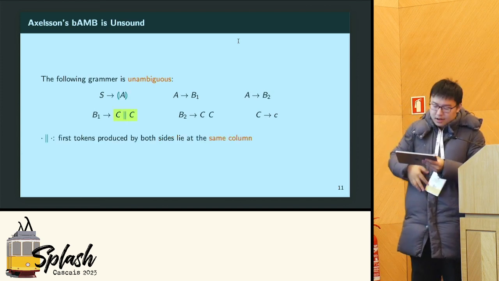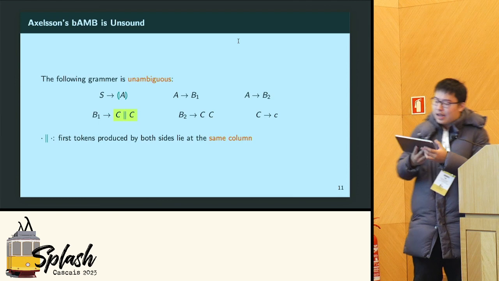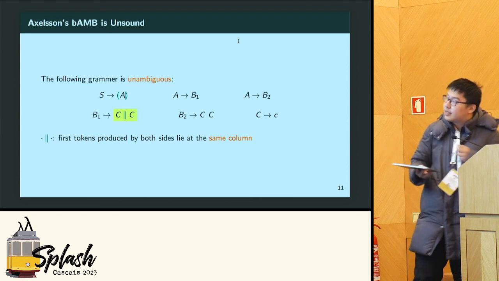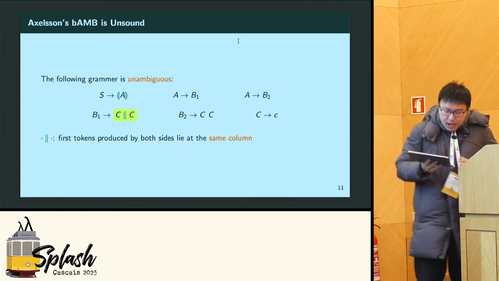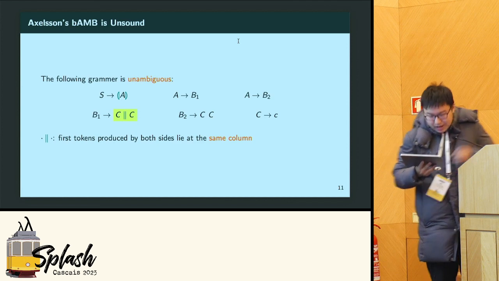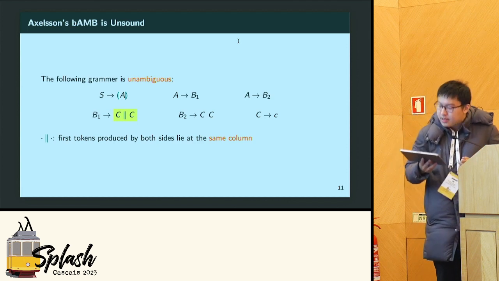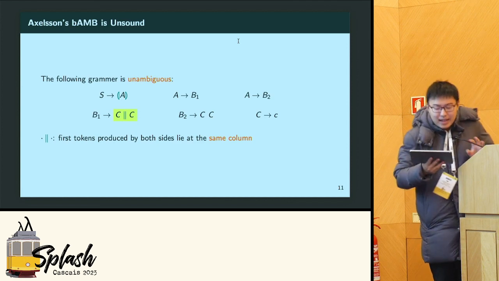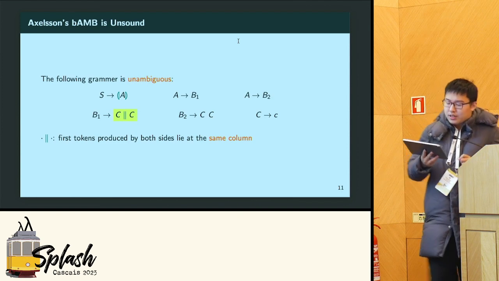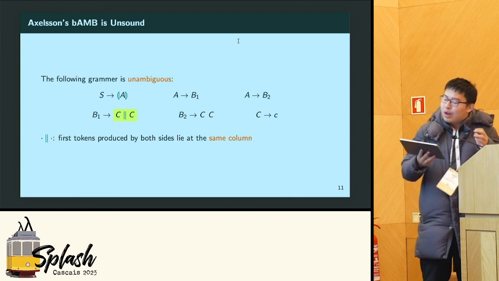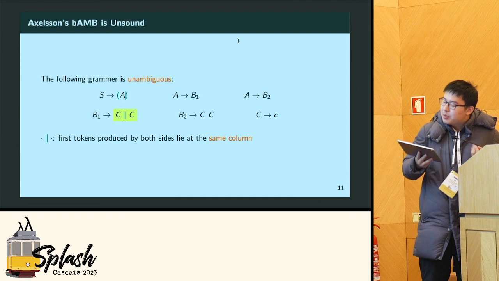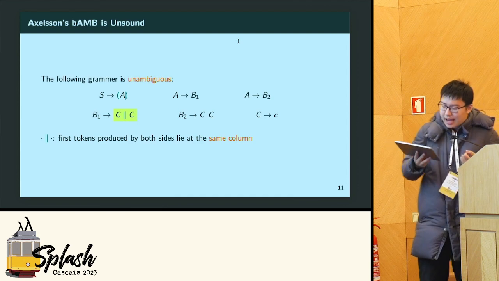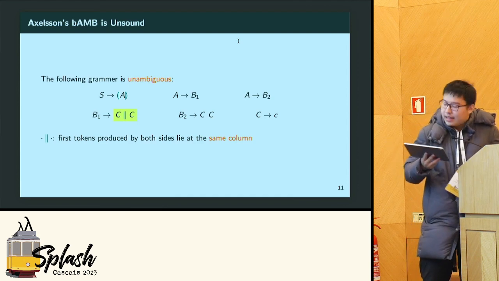Alignment here means that the first token on both sides should lie on the same column. Intuitively speaking, B1 can only produce a multi-line sentence. However, given that S only permits all tokens to be on the same line, B1 can be seen as actually a disabled production rule that will never apply. Hence, the grammar can never be ambiguous.